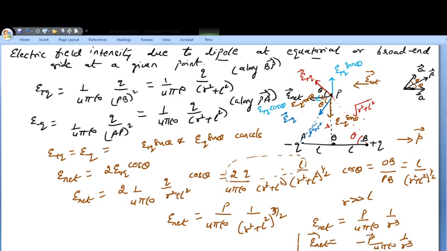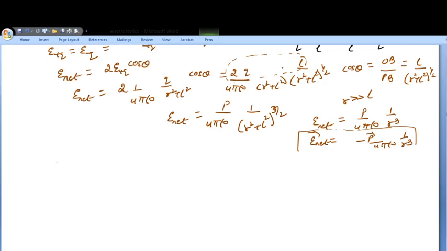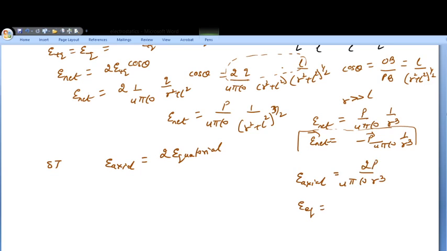So this is the expression for electric field intensity due to a dipole on the equatorial line. And if they ask you in the exam to show that E axial is double of E equatorial, you will be able to prove it. What is E axial? Just now we have seen, magnitude wise, it is 2P upon 4 pi epsilon naught r cube. And what is E equatorial in terms of magnitude?